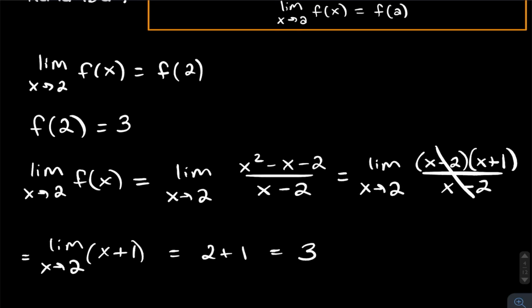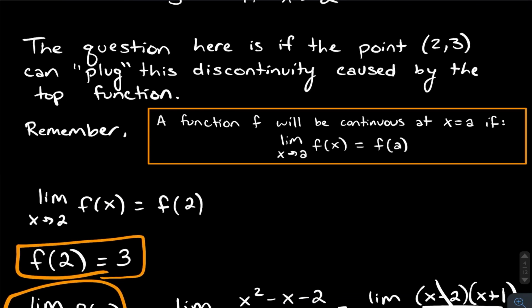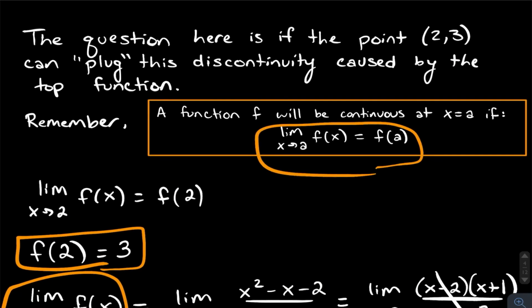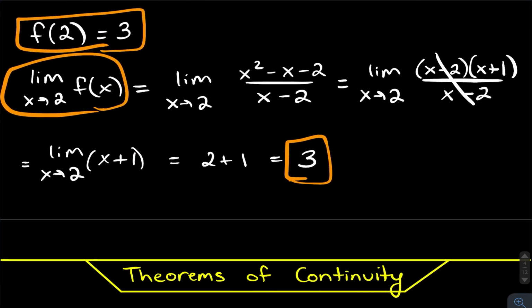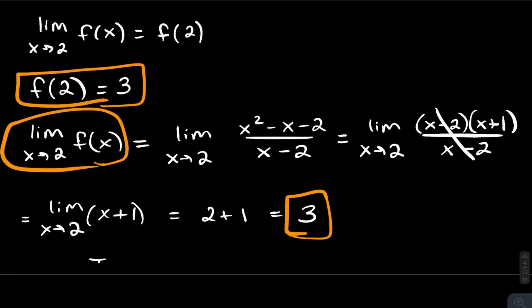And so what we end up seeing here is that f of 2 equals that limit. So this is true, and therefore the function is continuous at x equals, and remember we substituted in 2 for a here, so the function's continuous at x equals 2. Okay, so I'll write that down. My handwriting looks awful right now.